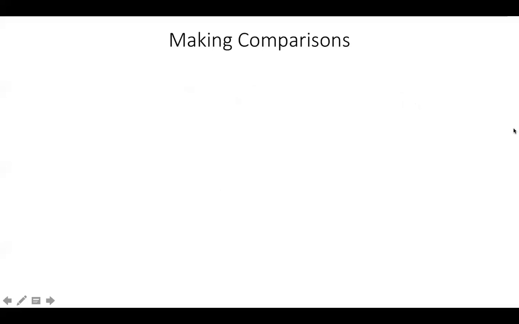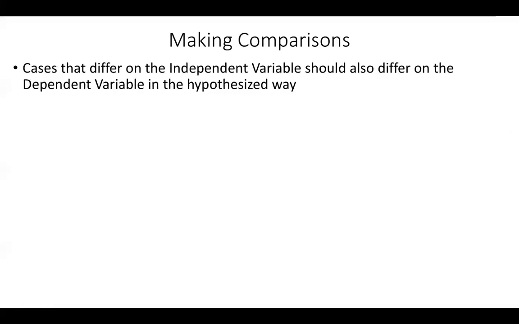When we're making comparisons between independent and dependent variables, our overall logic, especially when we talked about hypothesis testing, was that cases that differ on an independent variable should also differ on the dependent variable in a hypothesized way. If you think about moving from males to females, what does that do to vote choice?